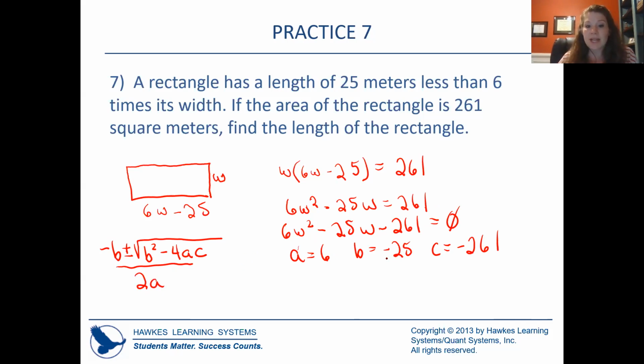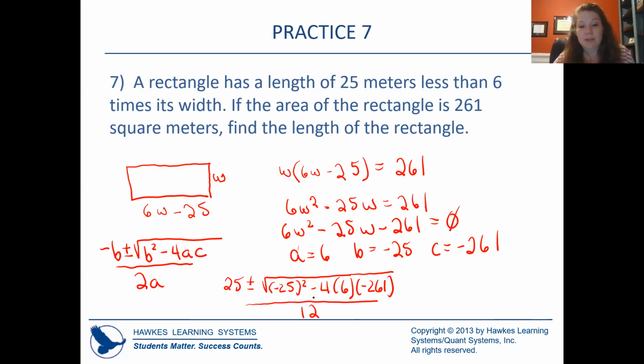So we plug our numbers in. The opposite of negative 25 is 25 plus and minus the square root of negative 25 squared, which is, I think, 625, minus 4 times 6 times negative 261, all over 2 times 6.